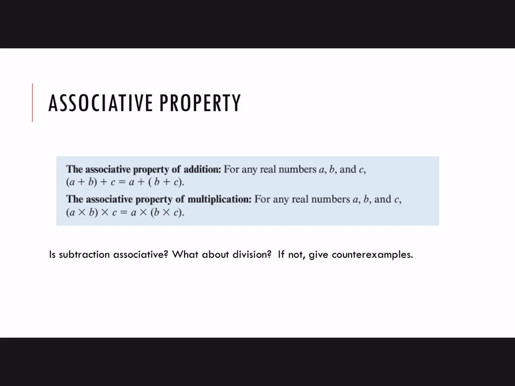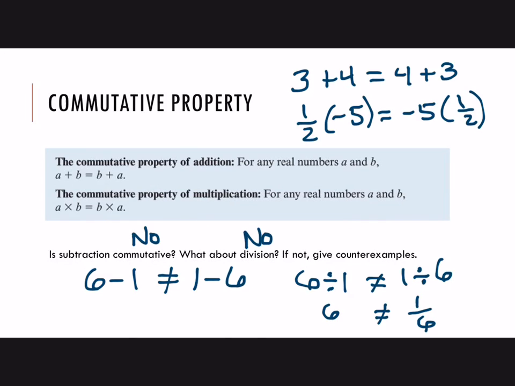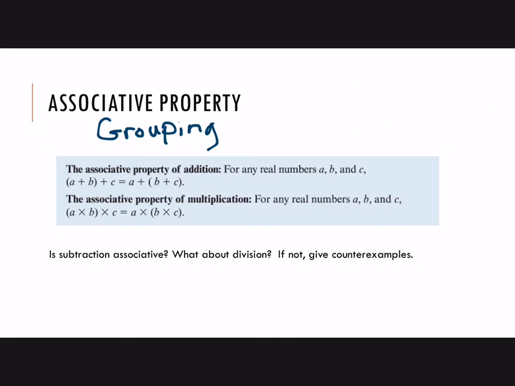The associative property, this is the one that changes the grouping. You can think like association, which numbers are grouped or associated with each other. Alright, so going back to commutative. Commutative is the order which has changed. Associative is the grouping that's changed.